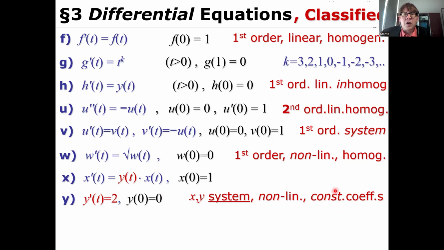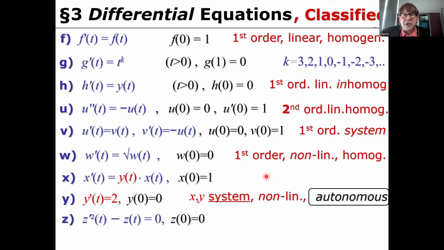And the benefit of constant coefficients is that the differential equation becomes time invariant. So when the coefficients do not depend on time, then it doesn't make much of a difference if we start the differential equation at time 0 or at time 1 or at time 15. And this is also called an autonomous differential equation, in this case system, because it doesn't depend on the time.